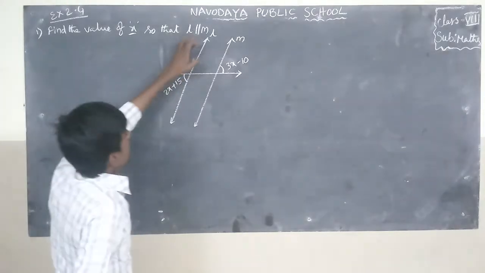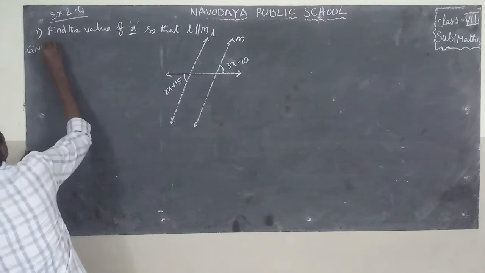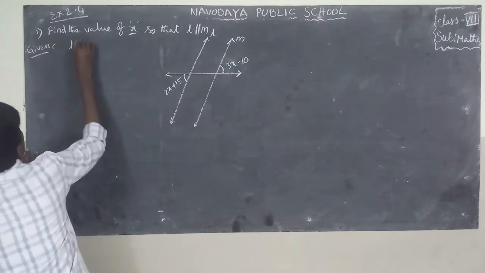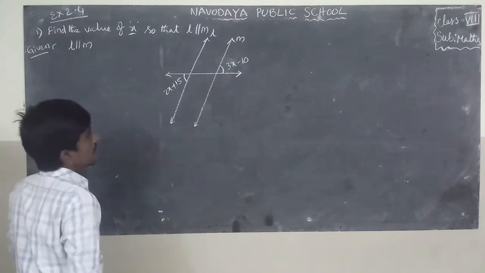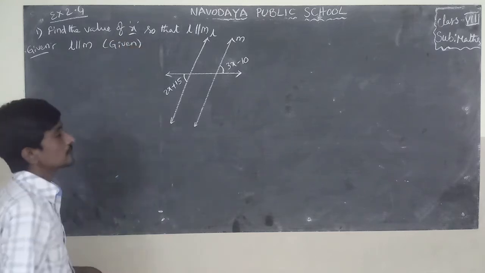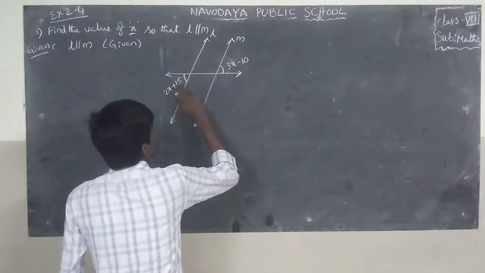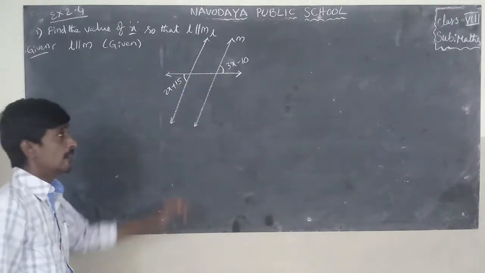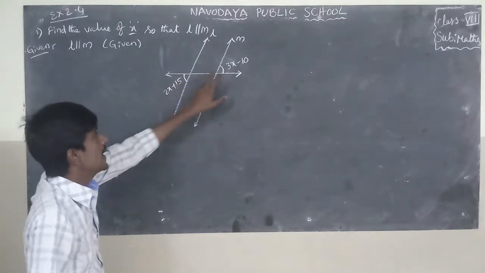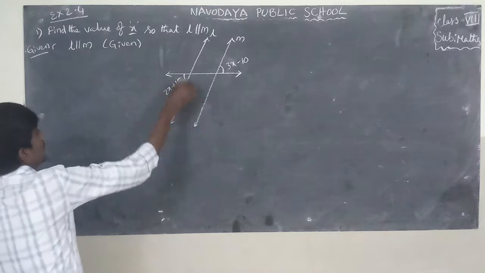Here L and M are parallel, given. What is the relation between the two given angles? What are these angles called? Alternate exterior angles.